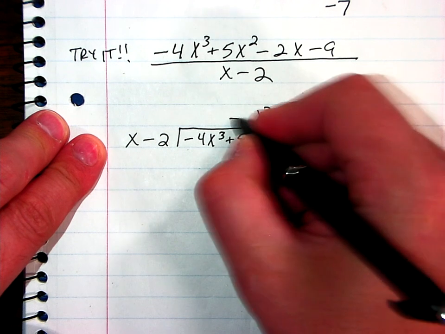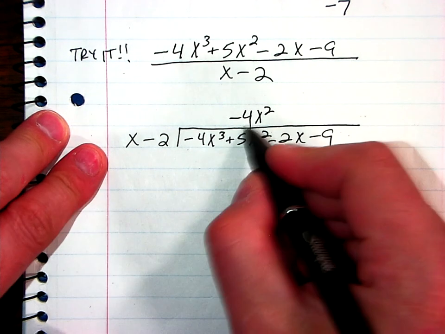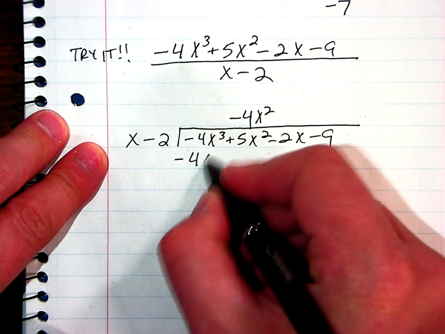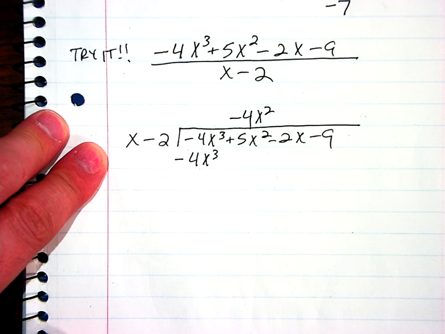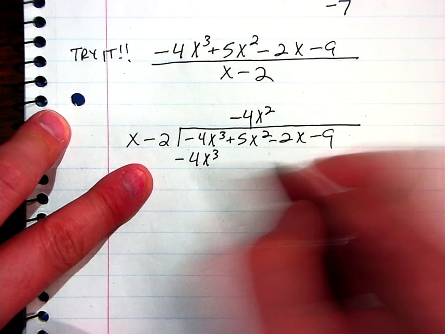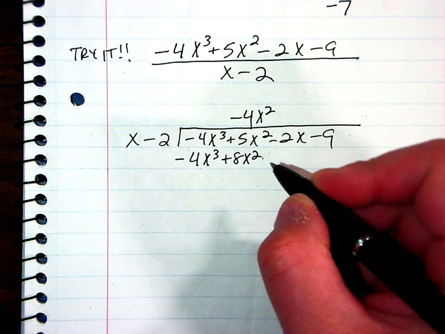There you go. So now negative 4x squared times x is negative 4x cubed. So now what we do is the second term. Negative 4x squared times negative 2 is positive 8x squared.